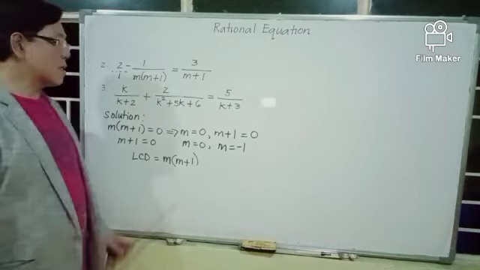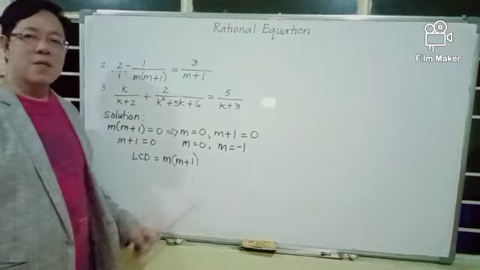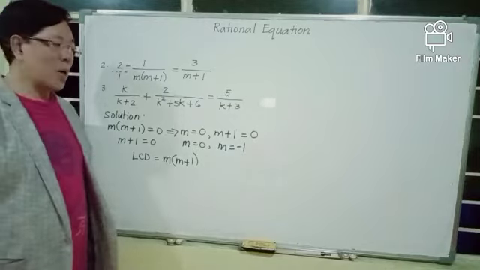After you get the LCD, you multiply both sides of the equation by the LCD. That's by the multiplication property of equality.